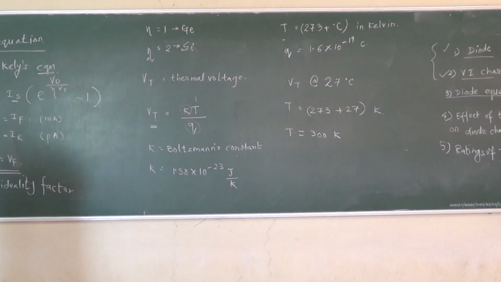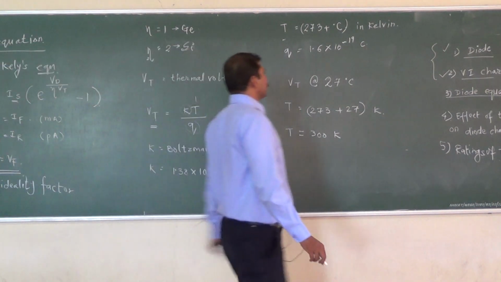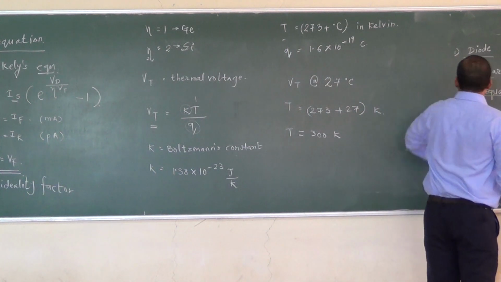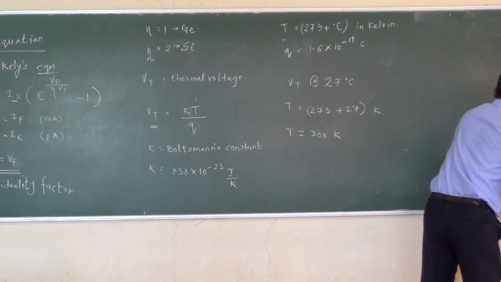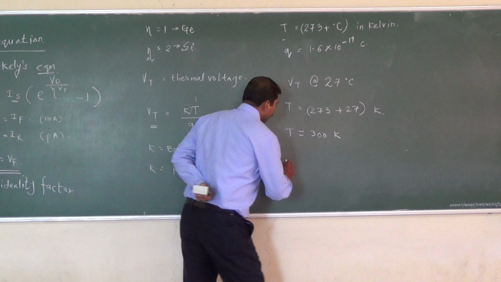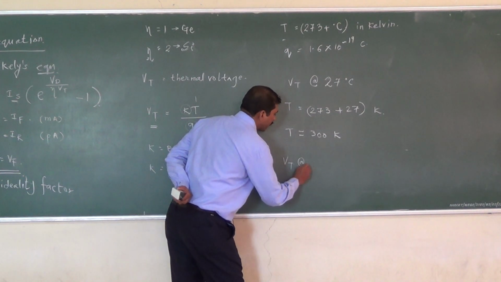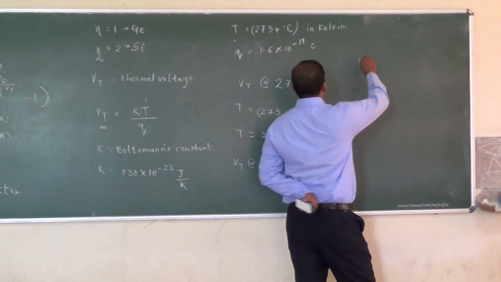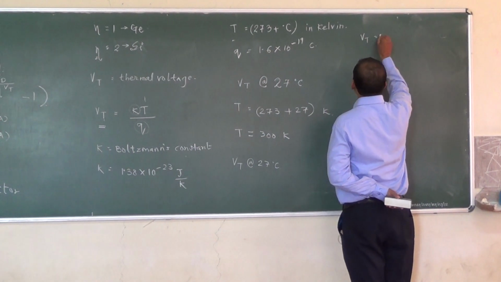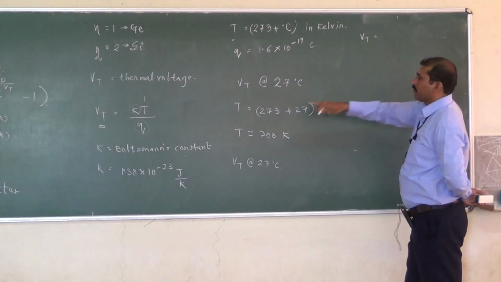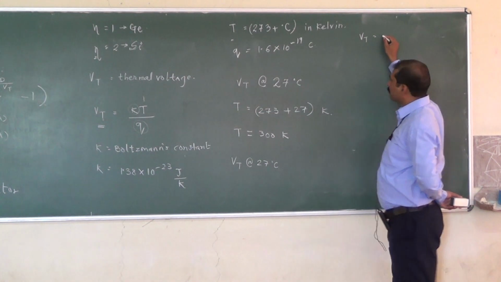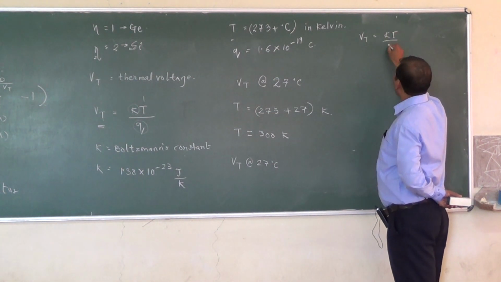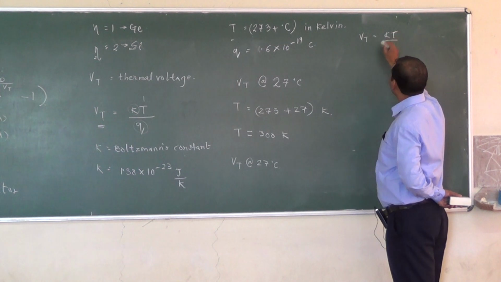Now if we calculate Vt at 27 degrees centigrade, what will we get? Substituting the values, Vt is equal to kT by q.